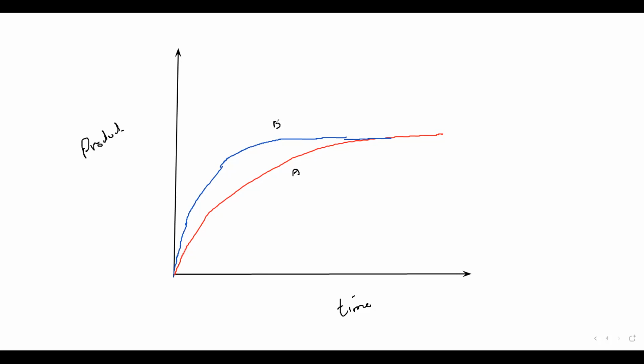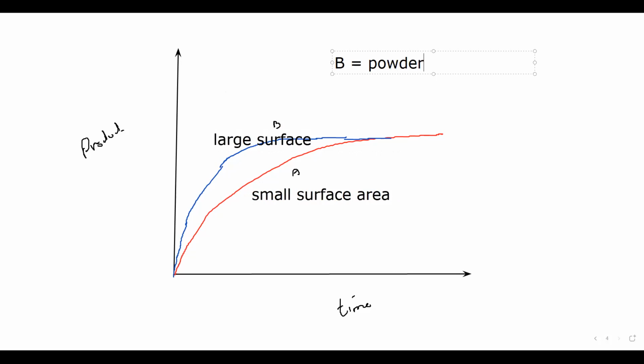The amount of the product will be same. So B is for large area. B is actually the graph for a large surface area, and A is for small surface area. Or we can say B is for the powder and A is for the lumps. So increasing the surface area will also increase the rate or the speed at which the reaction progresses.